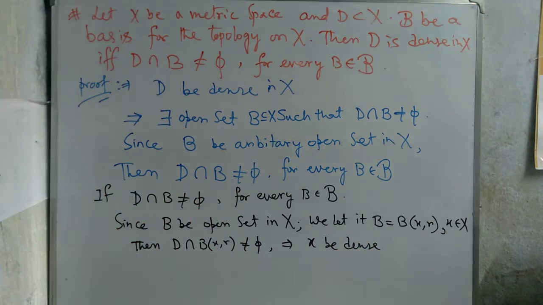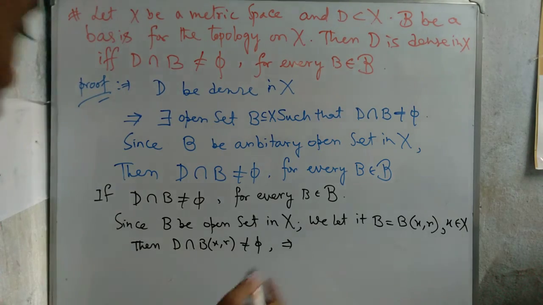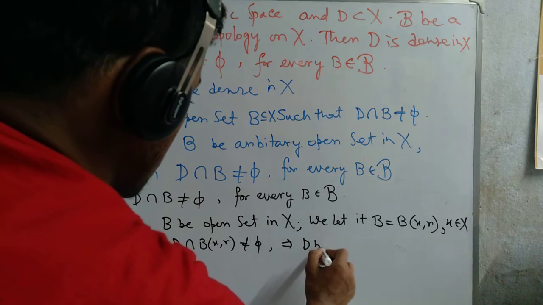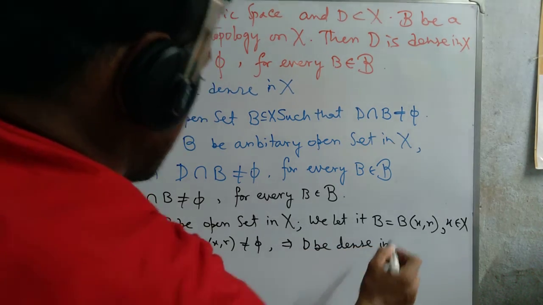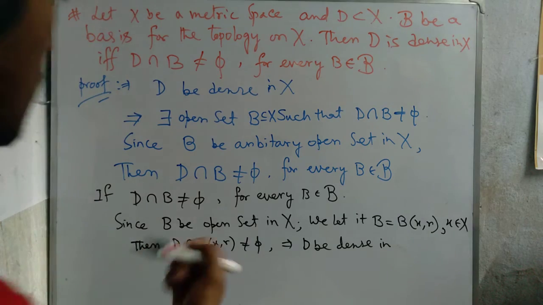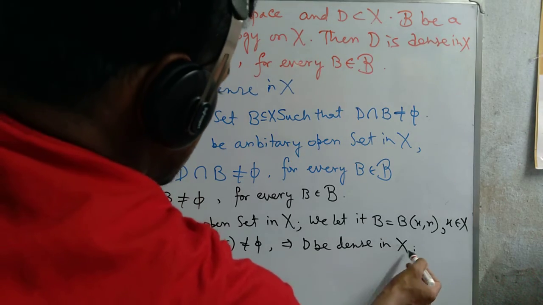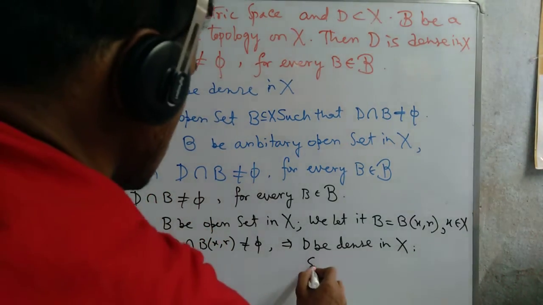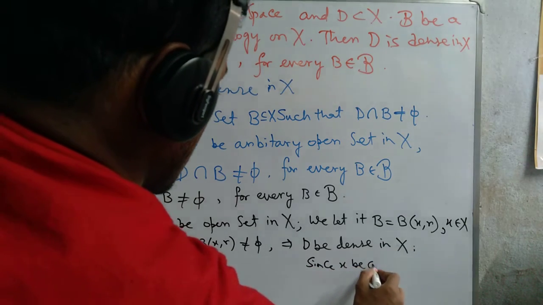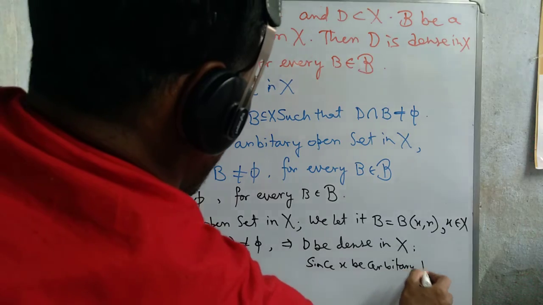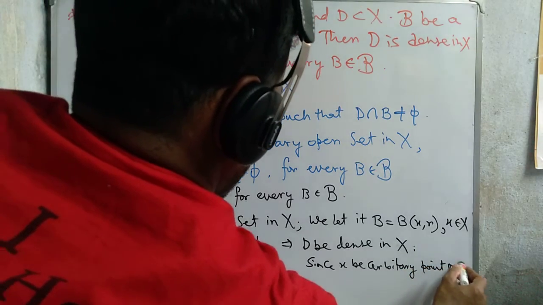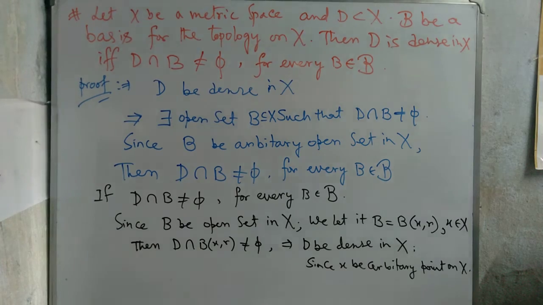Since x is arbitrary, this implies D is dense in X, since x is an arbitrary point on X. So this one is done.